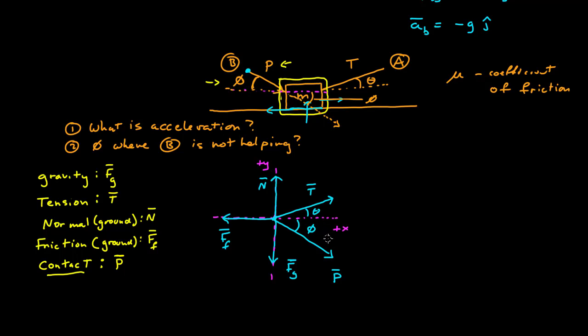And so sometimes, like I have here, my picture's getting really complicated. If that's the case, then draw yourself a new picture so it's not so complicated. I have the push force coming in. And the push force exists along this line.